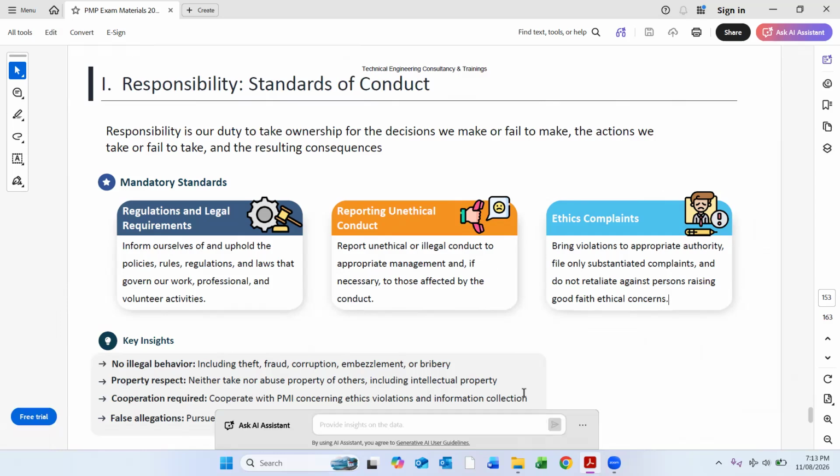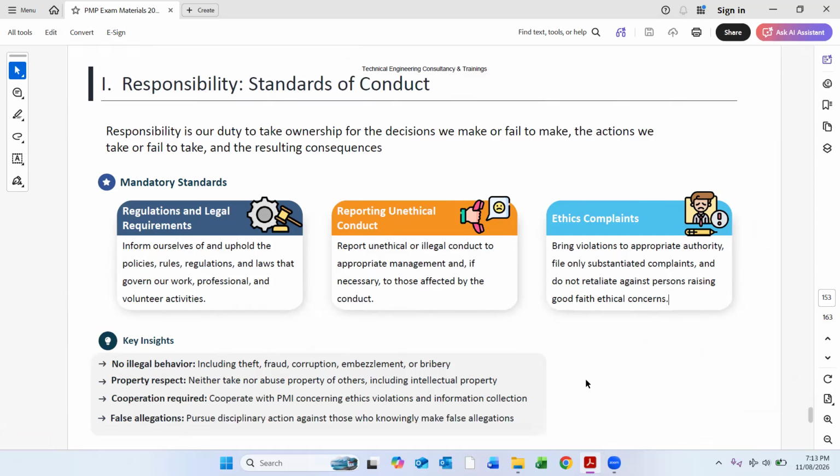Property respect: we should not abuse property or intellectual property. Cooperation with PMI concerning ethics violations, information collection, and false allegations: pursue disciplinary action against those who knowingly make false allegations.